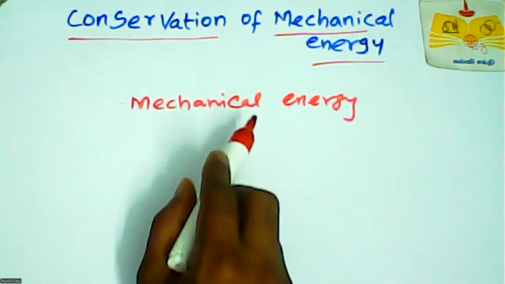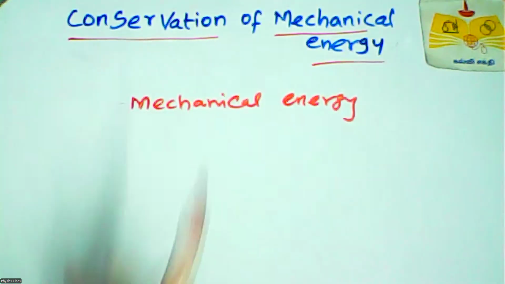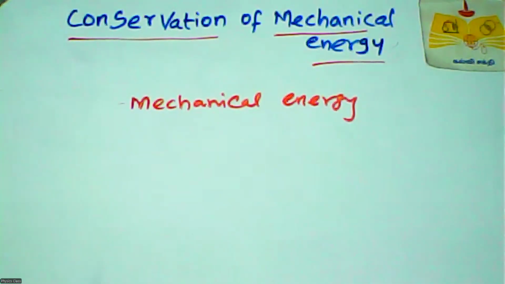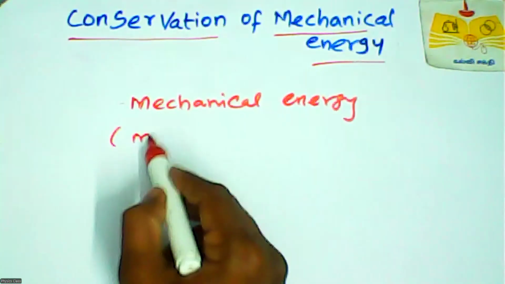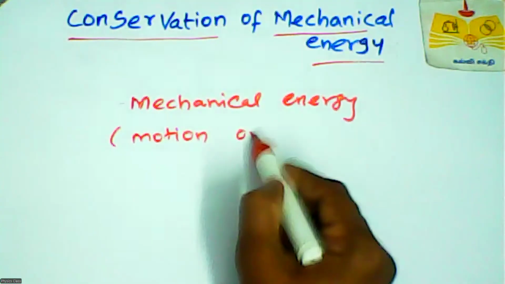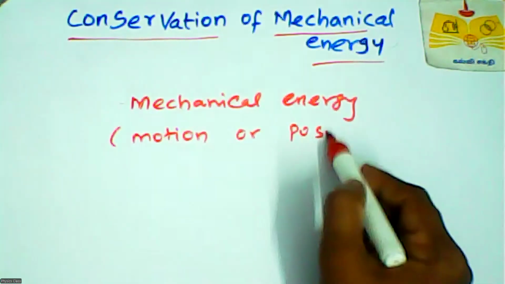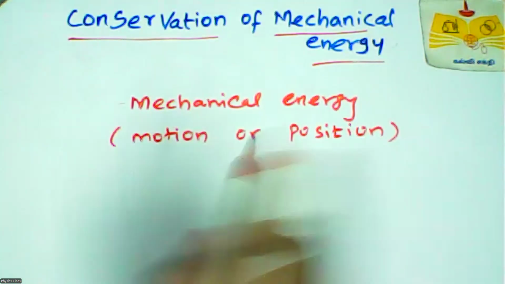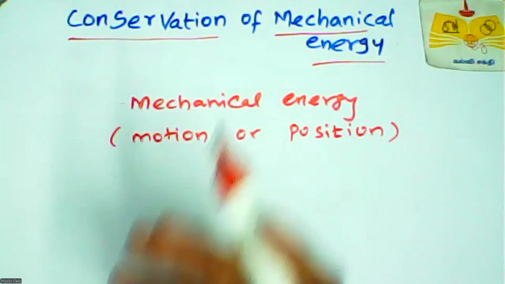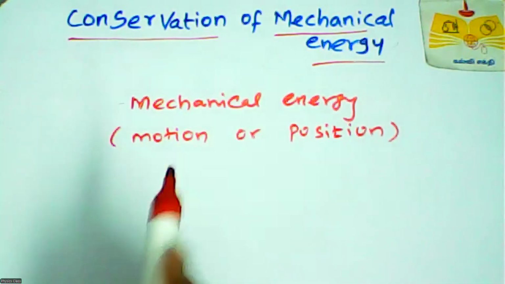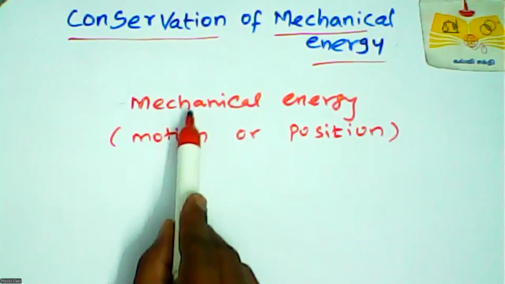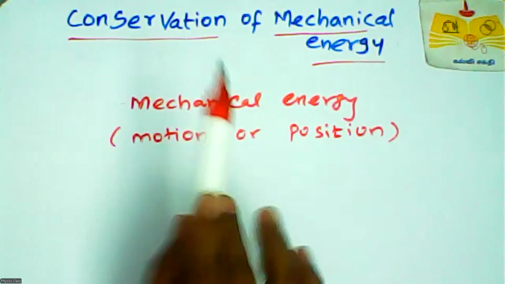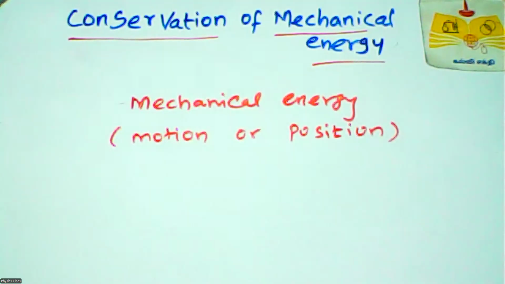Mechanical energy is the energy an object possesses due to its motion or its position. It is the sum of two types of energy.